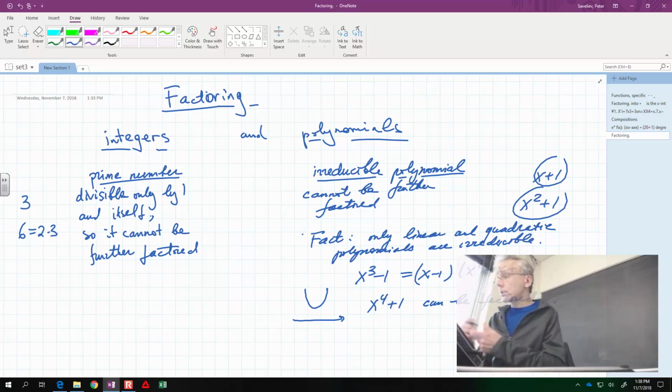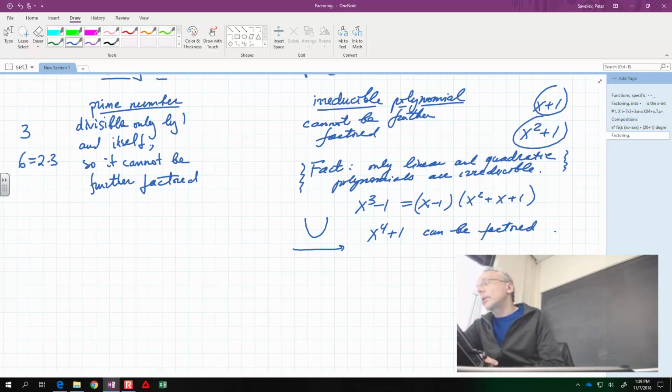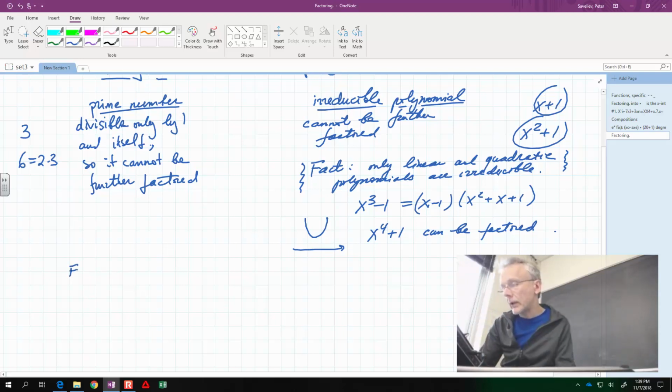So that's just the fact that this makes life easier, because when we talk about factorizations, then we will be using only linear and quadratic polynomials. But well, let's do numbers first. It's called the fundamental theorem of arithmetic.